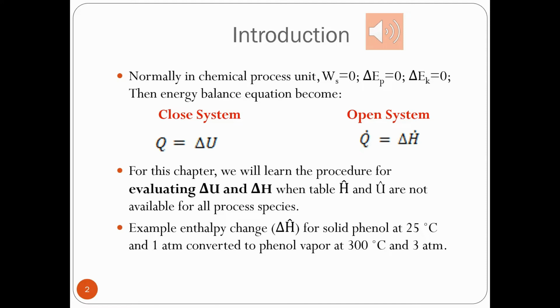And not only one change of the properties, there are changes in the temperature and the pressure. So what we are going to do, this is where we need to construct the hypothetical path.